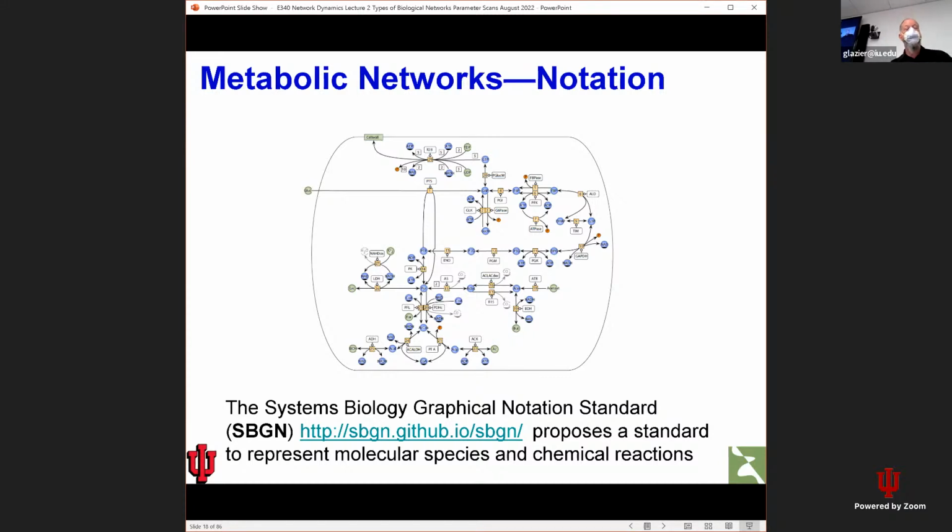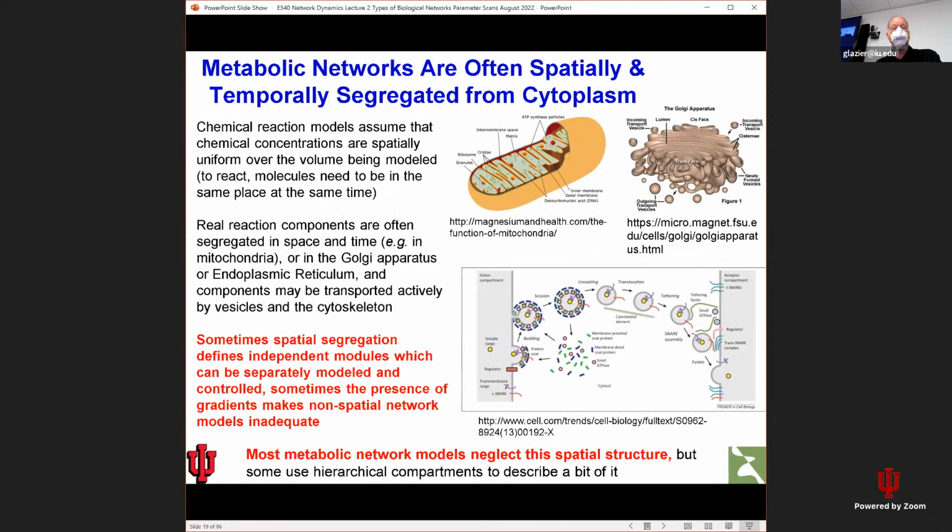It's nice when people use it. There are tools for making beautiful diagrams with it, but it's not universally used. As I say, the great thing about standards is there's so many of them. So that's something you might want to check out if you're interested in these kinds of things.